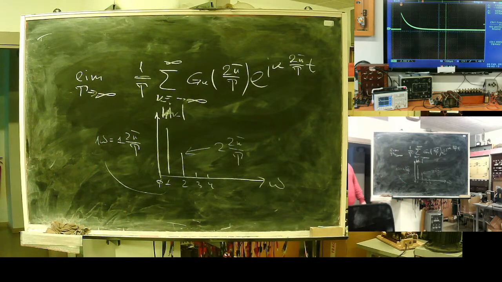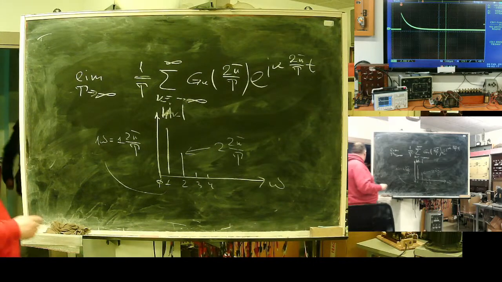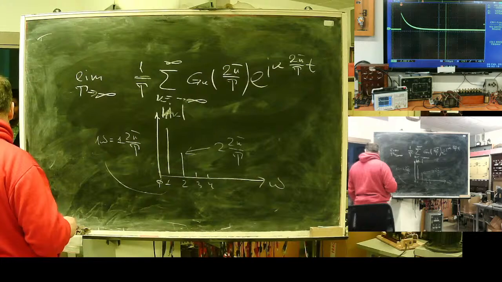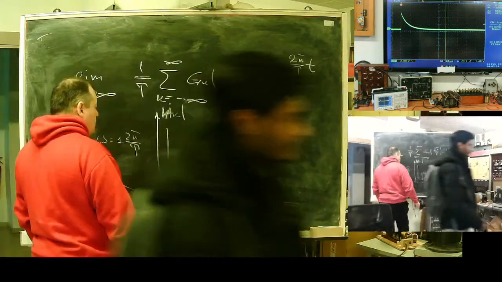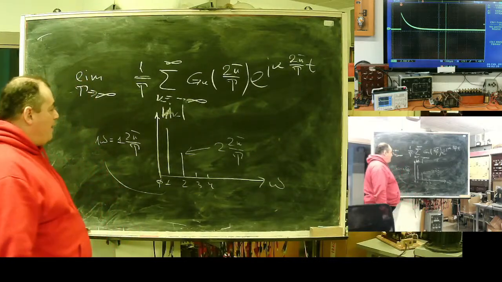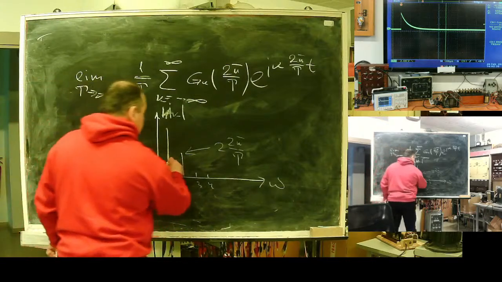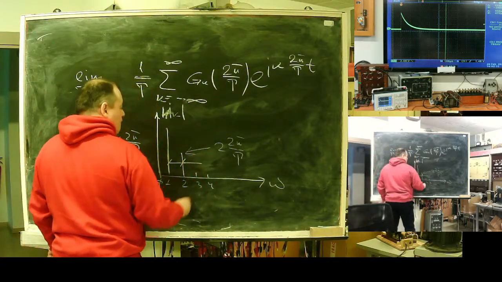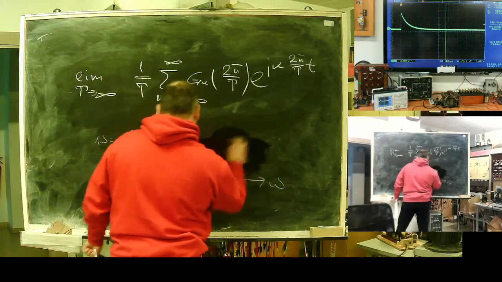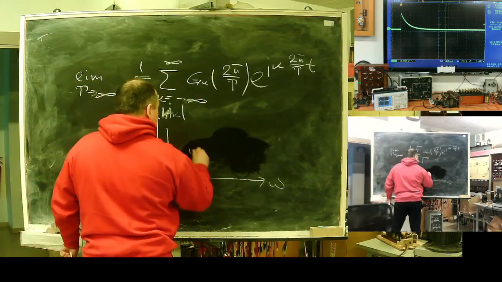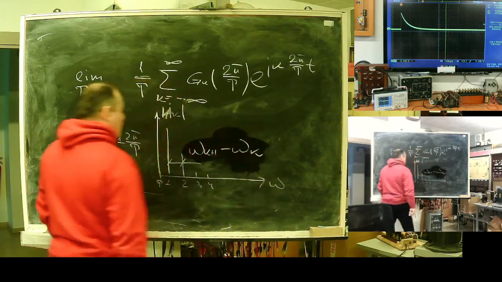How is the spectrum chart forming? What's the distance between the lines, between the next omega and the previous omega?